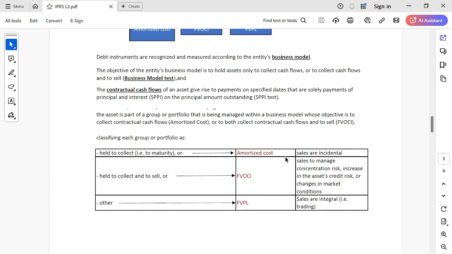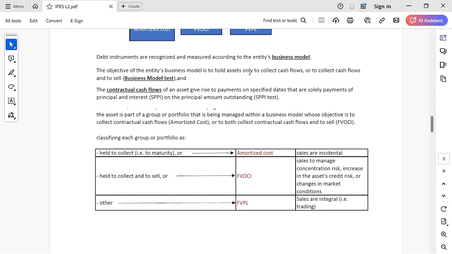We're mainly focusing on bonds as the main example of debt instruments. Are we holding these bonds to collect cash or to sell them in the market? So let's go to the business model first.